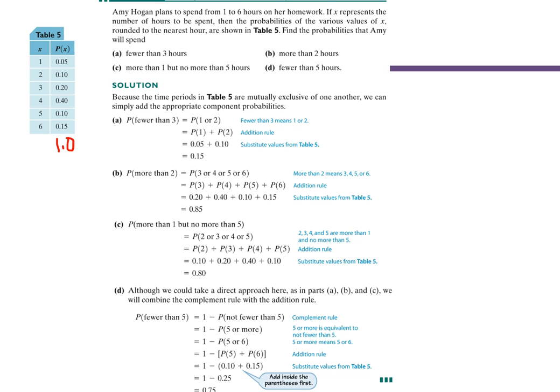Now, if I give a quiz question on this, what I'm going to say is, in example, I've cut that off a little bit, example 6 in your booklet, what was the probability that it was fewer than 3 hours? Well, that would be 15% or 0.15.